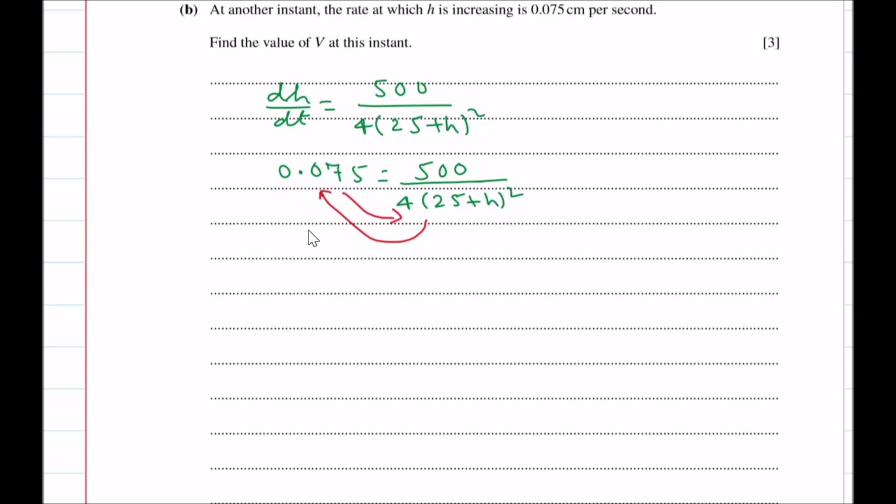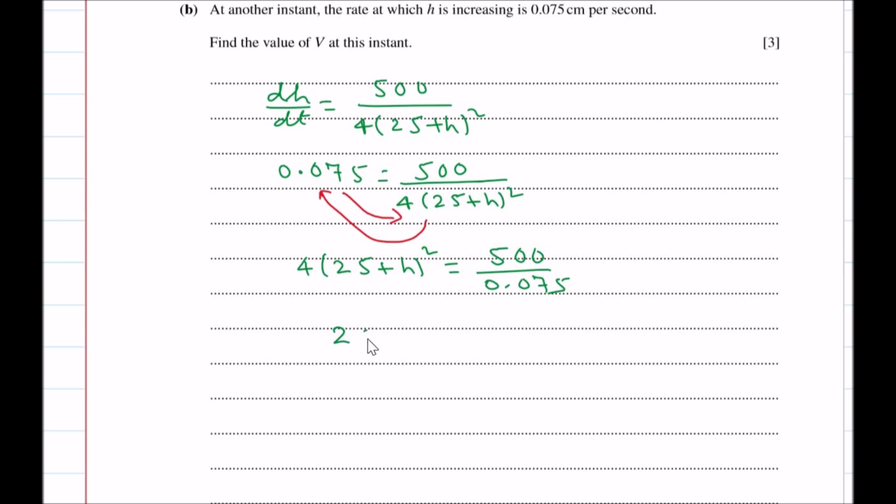So, what do we get? 4 times 25 plus h whole square is equal to 500 by 0.075.